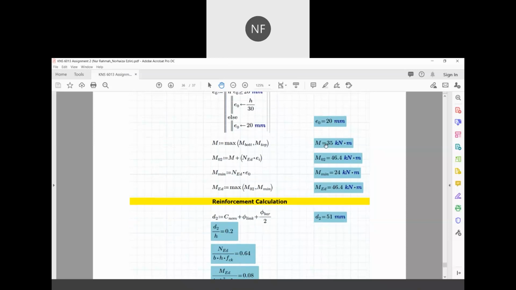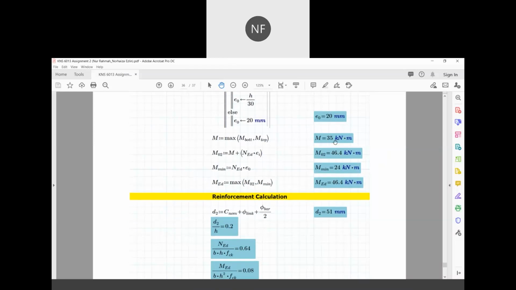So the moment is equal to the maximum moment between the bottom and the top moment that's been given inside the question.